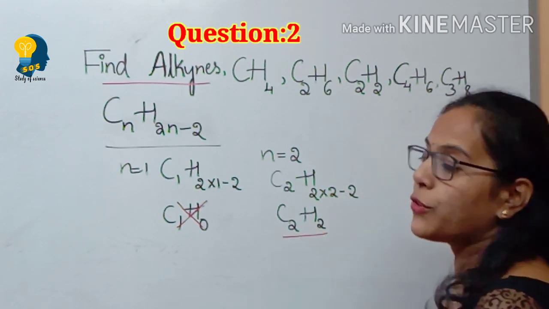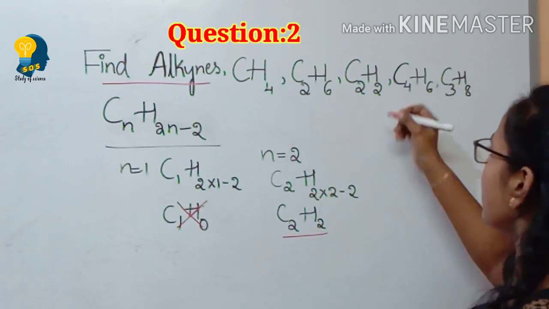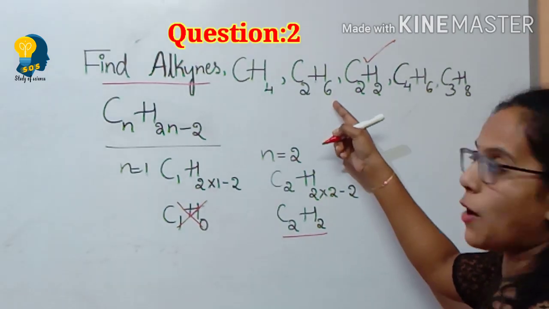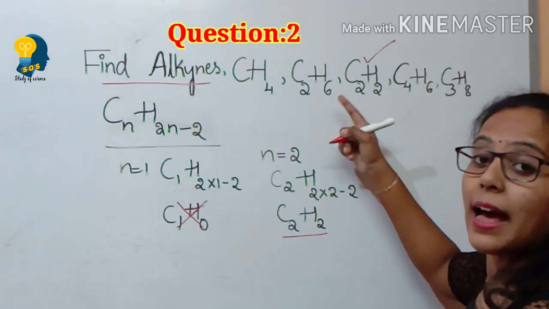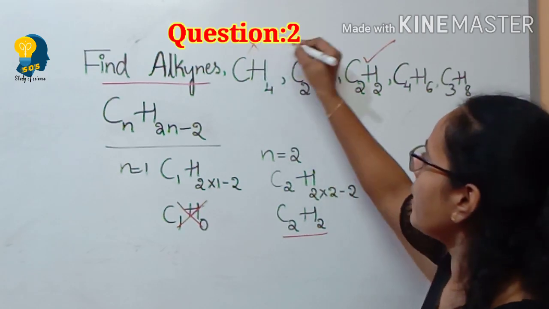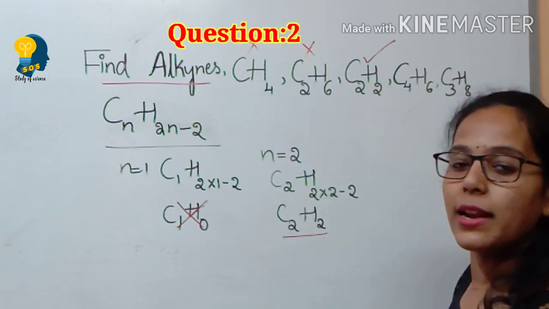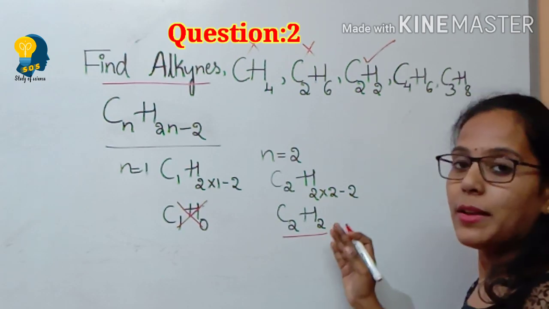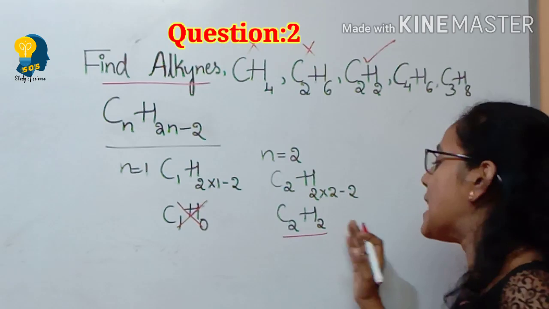Whether it is found in this? Yes, C2H2 is there. C2H6 is not found because it is a compound of alkane. So first and second one is not found in alkyne. The third one, that is C2H2, is the second member of the alkyne, that is ethyne.